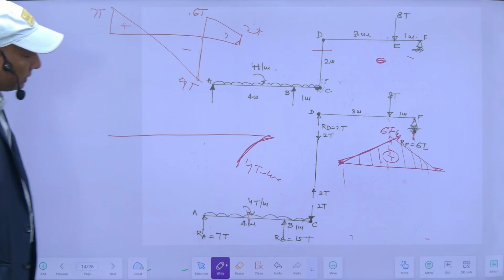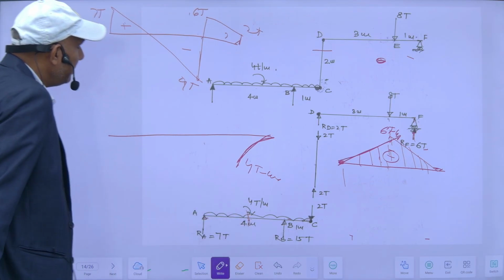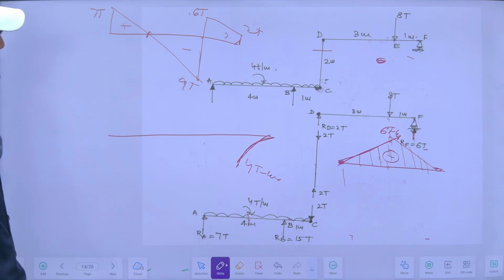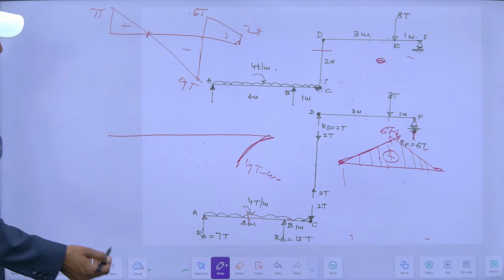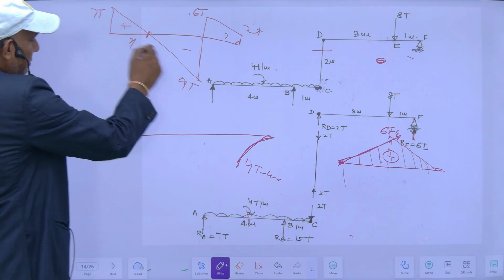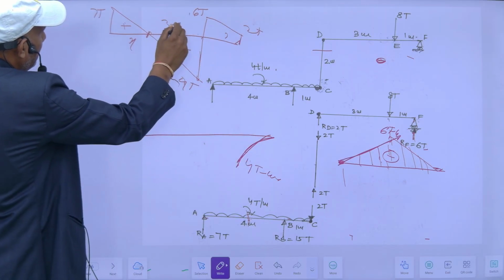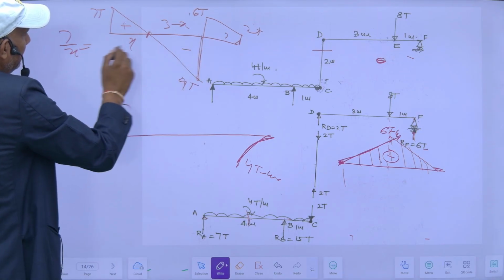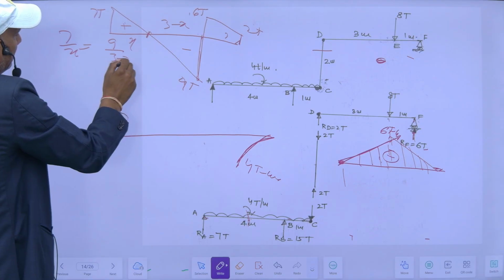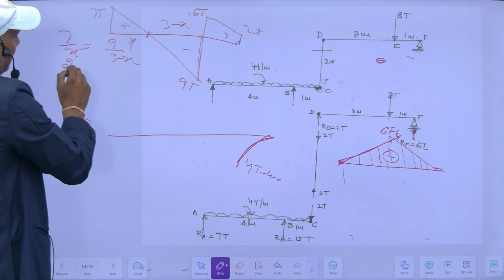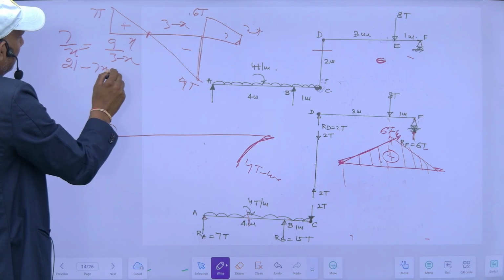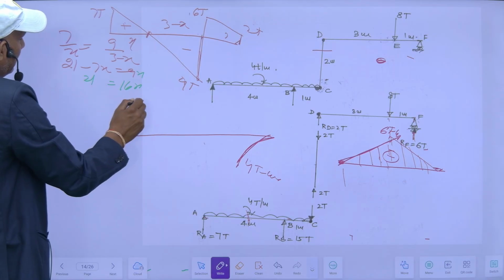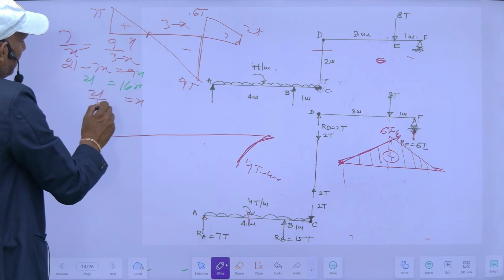If I want to know the bending moment positions, this will be where shear force is 0. I can find this location from this. Suppose this is x, so this will be 3 minus x. So 7 upon x is equal to 9 upon 3 minus x. So it will be 21 minus 7x is equal to 9x. So 16x is equal to 21, and x is equal to 21 upon 16.